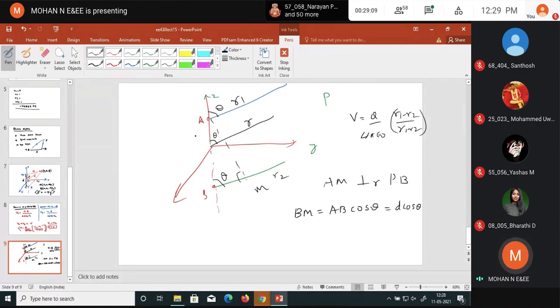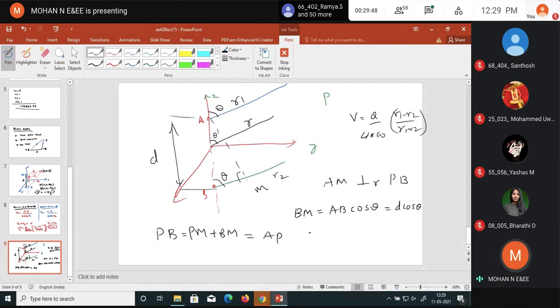That is nothing but d cos theta because the distance from A to B is d, and this becomes your hypotenuse, and cos theta is equal to adjacent side by hypotenuse. The total length from P to B is equal to PM plus BM, and your PM is equal to AP because AM is perpendicular.